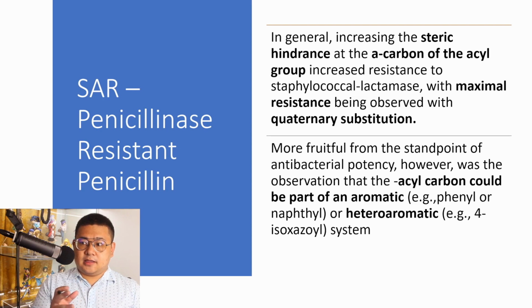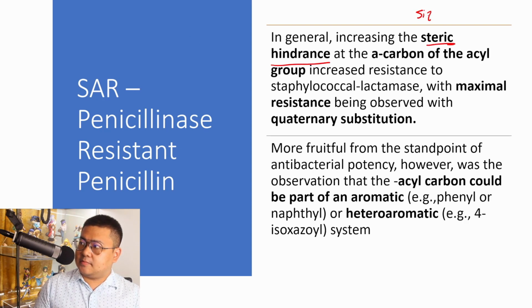So drugs that are penicillinase resistant can kill those bacteria. And the exact structure-activity relationship is that increasing the steric hindrance, or let's just say size for short, at the alpha carbon of the acyl group increases resistance to staphylococcal lactamase, with maximal resistance being observed with quaternary substitution.